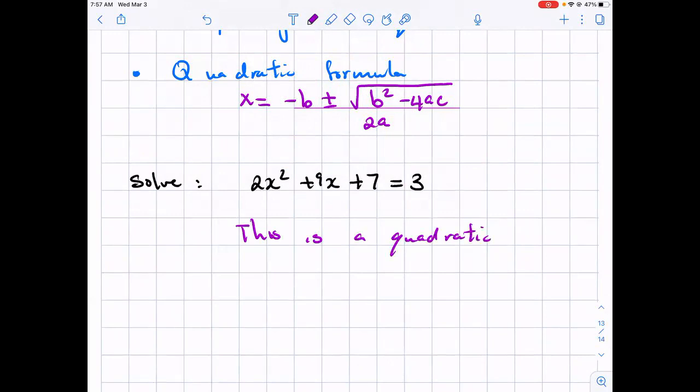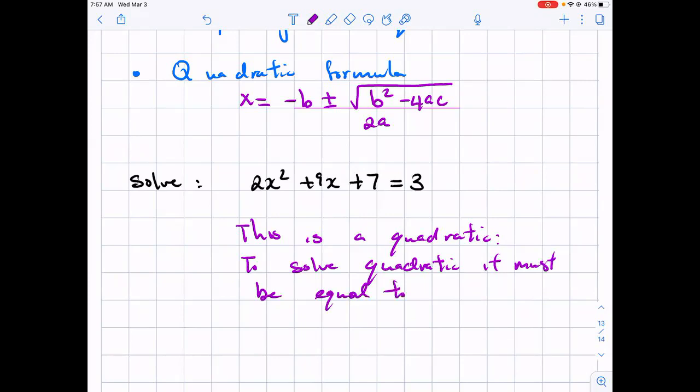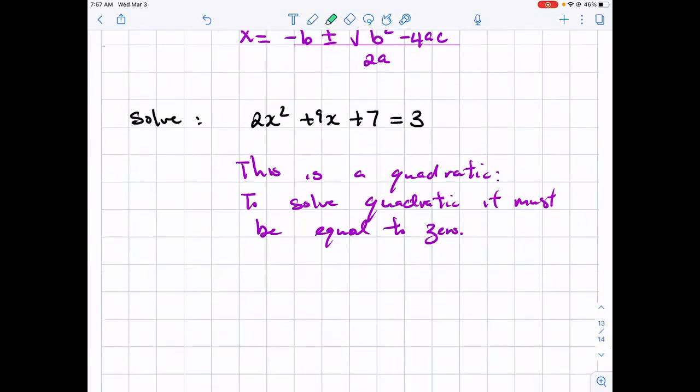And to solve a quadratic, it must be equal to 0. You have to remember that it has to be equal to 0.